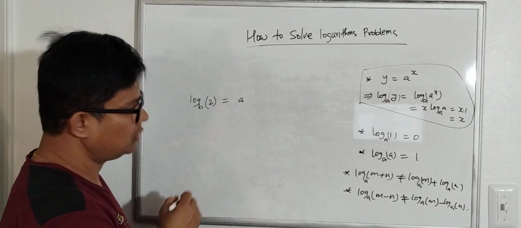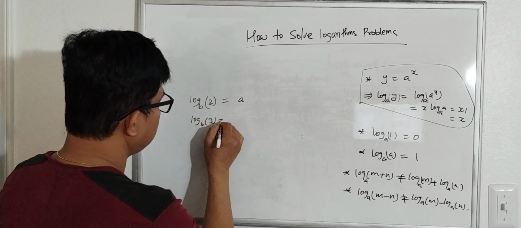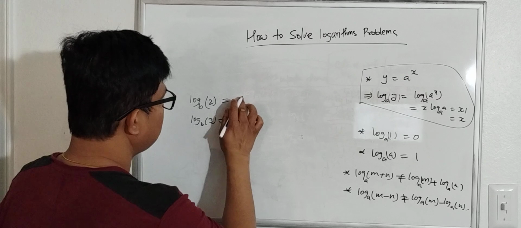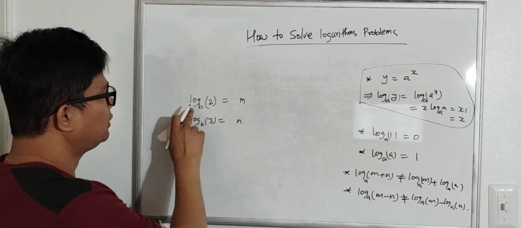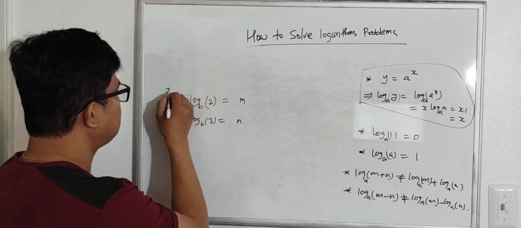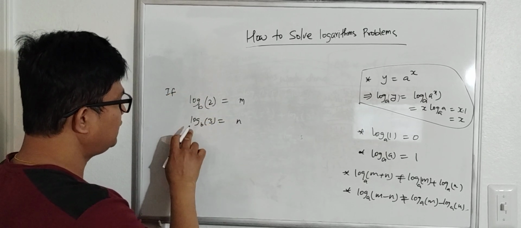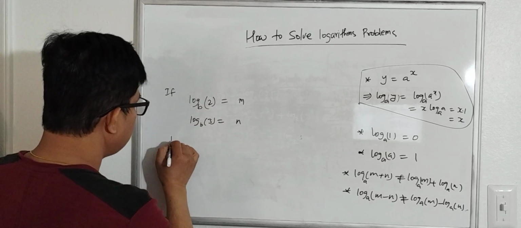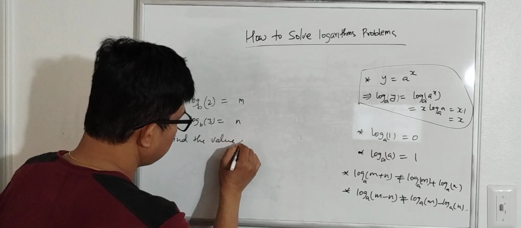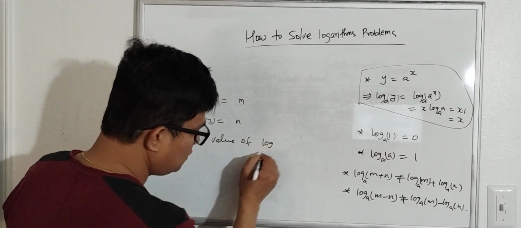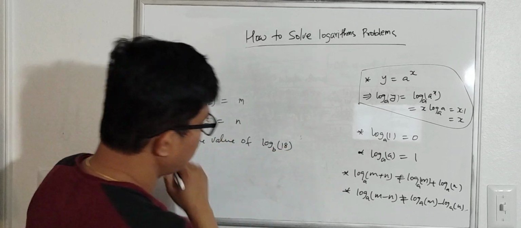Another thing, given log base b, let's call these m and n. These two values are given. Let's say if log of 2 base b is m, and log of 3 base b is n, find the value of log base b of 18.